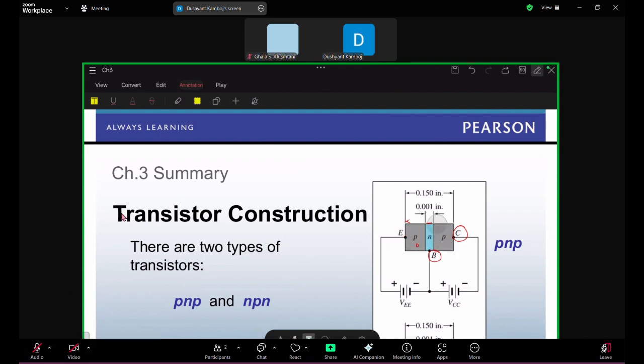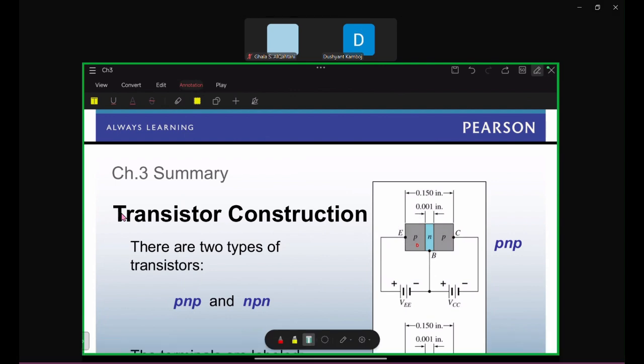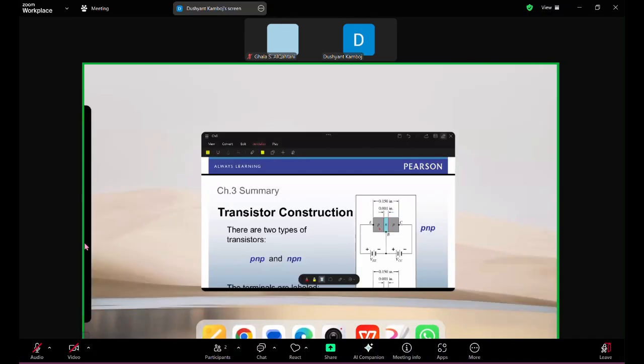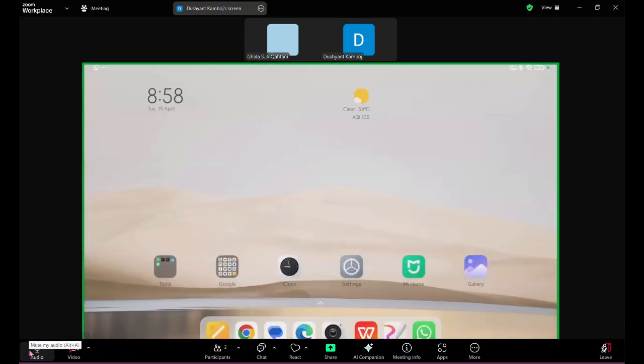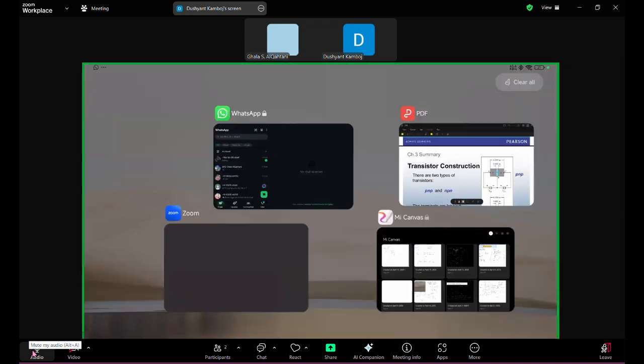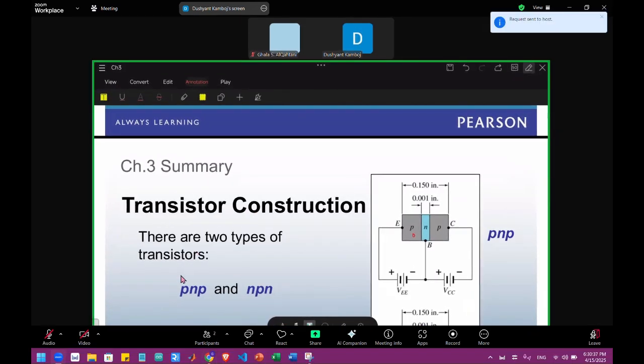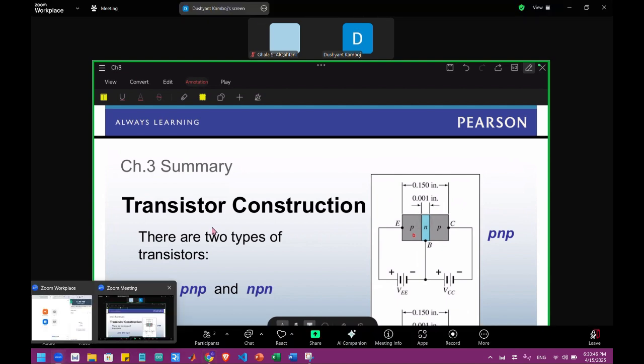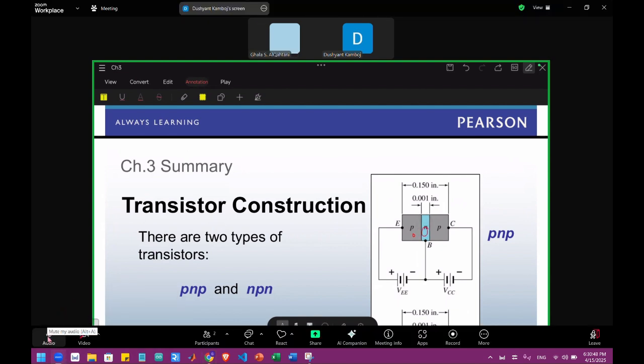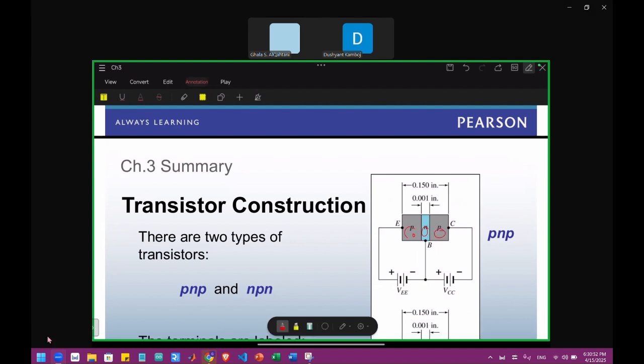So just record this lesson if you want to listen to it later, that will be easy for you. The audio is not recorded, okay? So basically what I told you, the one which has the smaller width is the base. The one which has the highest width is the collector, and the emitter has the moderate width, right? Very good.